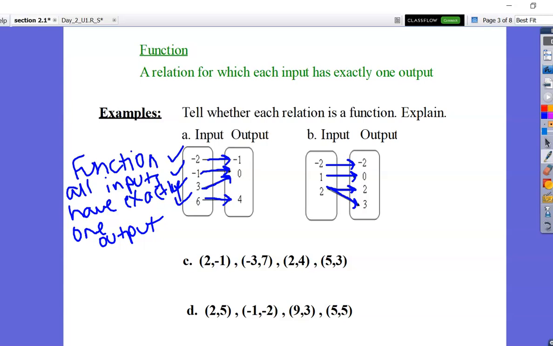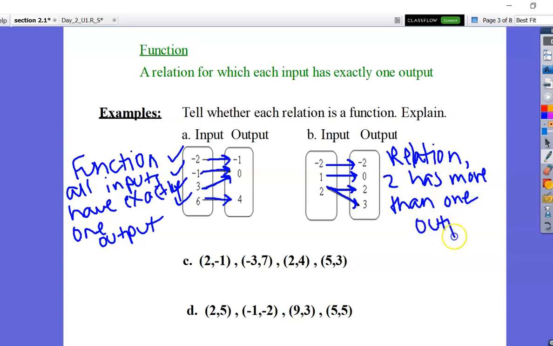So this is actually not a function, it's just a relation. Because 2 has more than one output. So that's how you can tell with a mapping diagram.